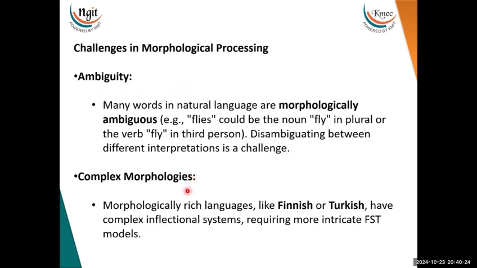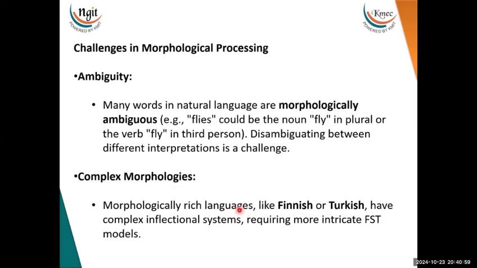Then complex morphology is the second challenge. Ambiguities you have been seeing in each and every concept that we are covering in our video lectures. Complex morphology is something new for you right now. Morphologically rich languages like Finnish or Turkish have complex inflectional systems which require more intricate FSTs. As I already told you, morphologically rich languages use a wide variety of affixes, the prefix or suffix or infix, to convey different grammatical meanings.